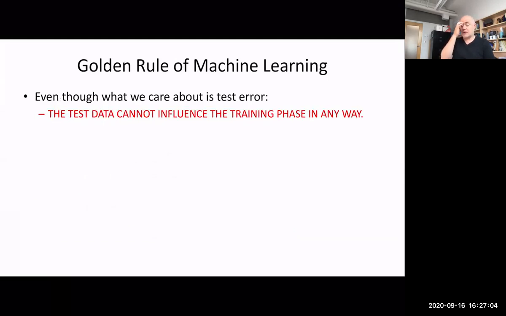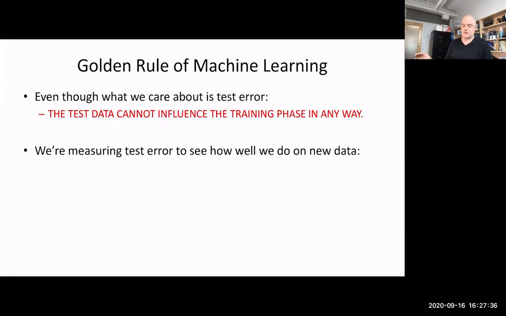is to establish maybe the number one most important rule in machine learning, the golden rule of machine learning, as it were. Even though what we care about is the test error, the thing that we want to optimize our performance on, the test data that we have cannot influence the training phase in any way. You cannot use test data when you're training your model. It's an absolute no-no, right?